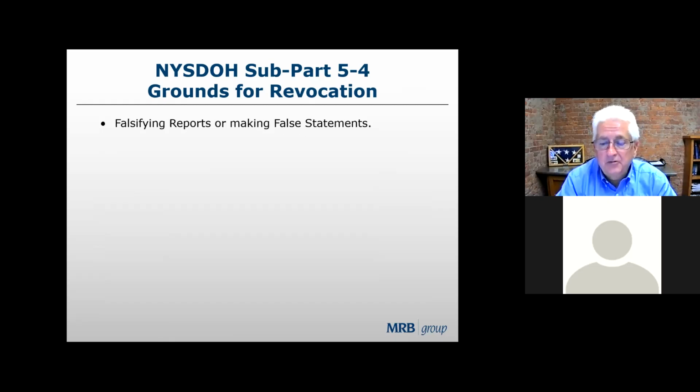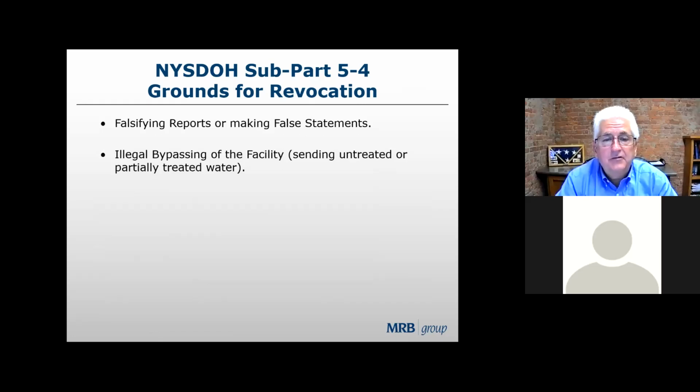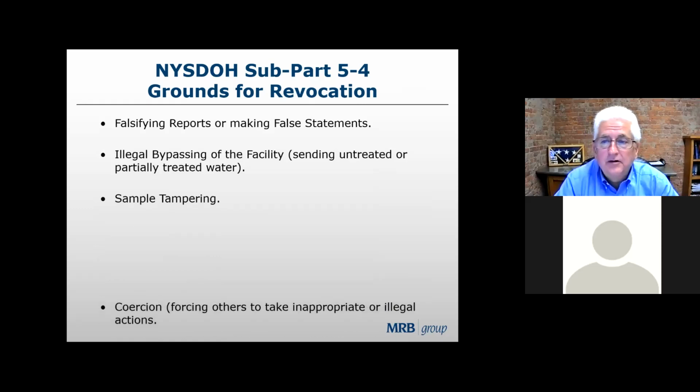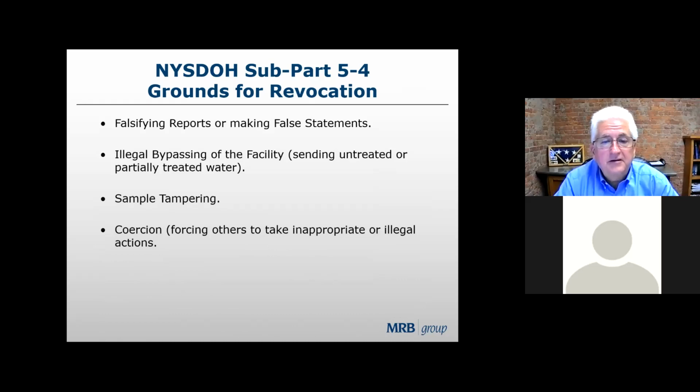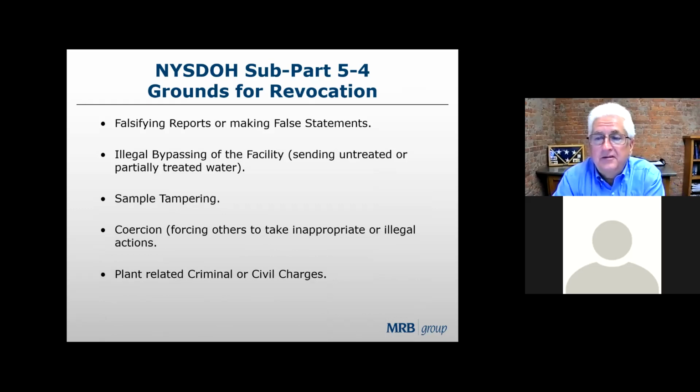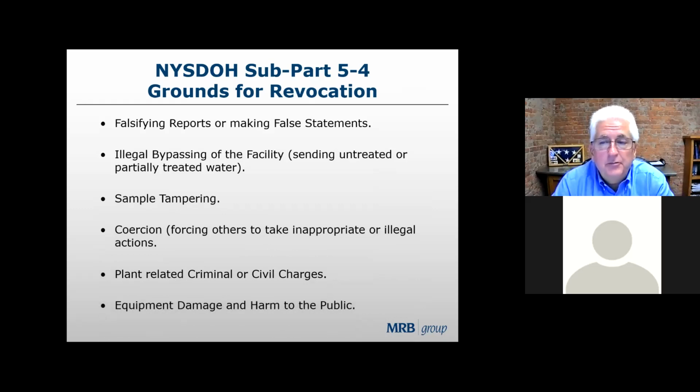First one is falsifying reports or making false statements, illegal bypassing of a facility, sending untreated water to a stream or creek, or sending water out into the distribution system without proper treatment. Sample tampering kind of goes along with what we've talked about before. Coercion, forcing others to take inappropriate or illegal actions. Plant-related criminal or civil charges, and equipment damage and harm to the public.